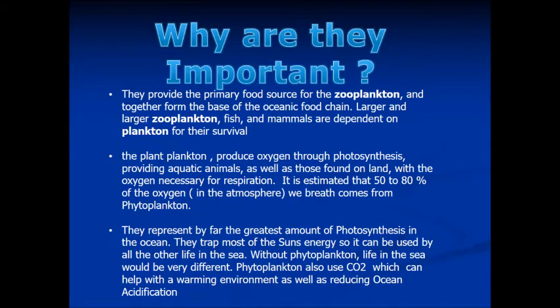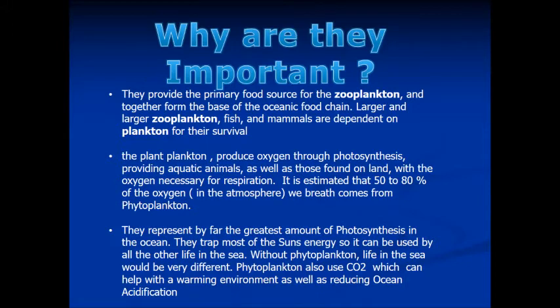So they're very specific. Plant plankton produce oxygen through photosynthesis. Just like every plant on the land, they have photosynthesis, so they produce oxygen. They provide aquatic animals, as well as those found on land, with oxygen necessary for respiration that we exhibit as an animal.